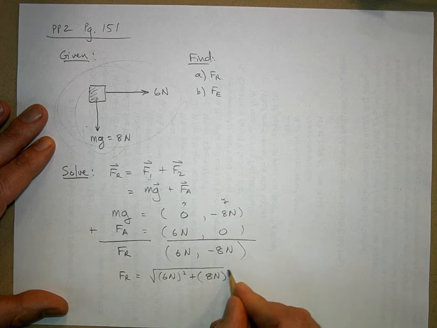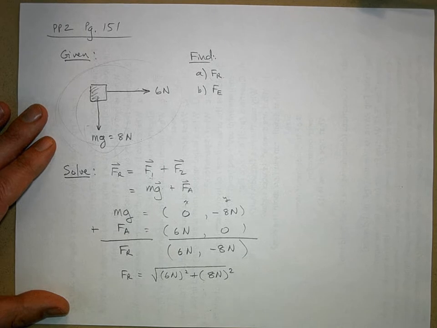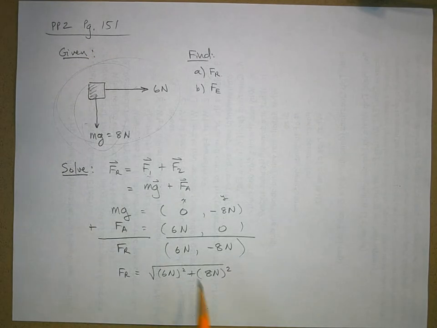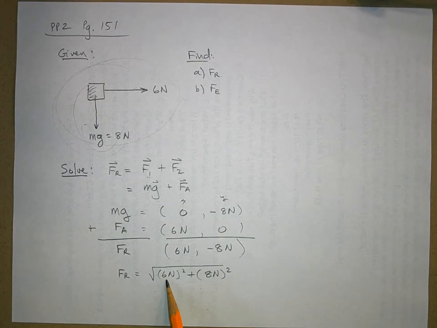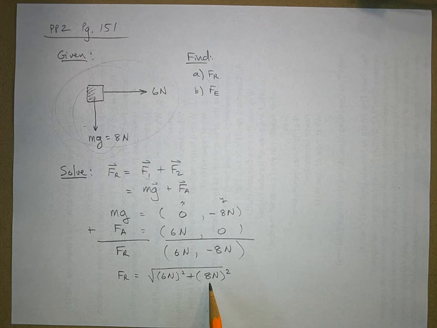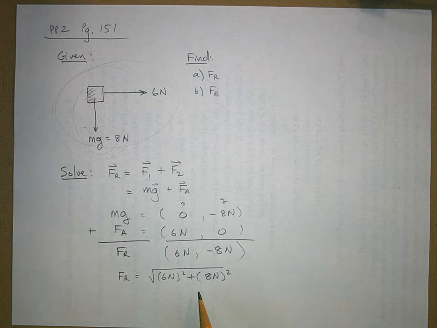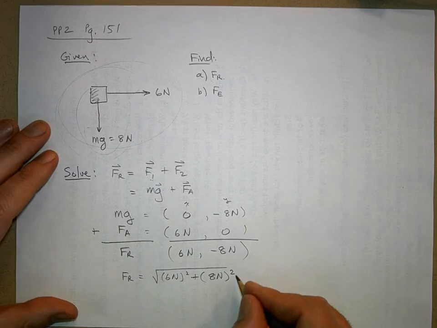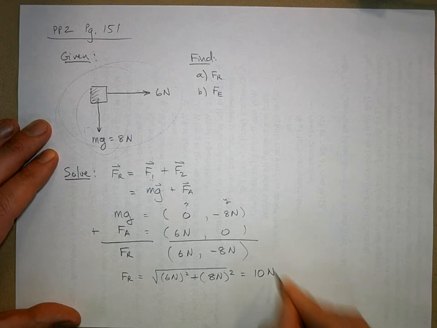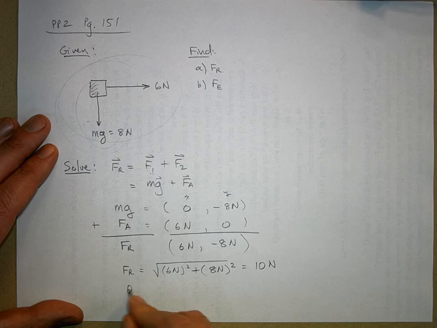I don't need to put the negative in there because it gets squared away. What is that equal to? 36 plus 64 is 100. The square root of 100 is 10. And what's the angle?